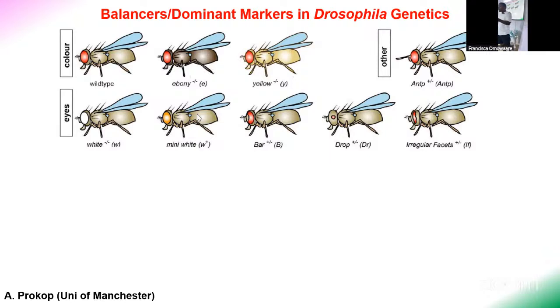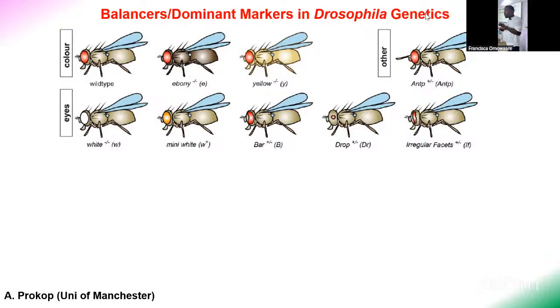But the markers are not necessarily balancers. The markers allow you to track your insertion, to track the chromosome. For example, irregular facet is not a balancer, it's actually a marker. Okay. So when we are playing with Drosophila crossing schemes, in animals that have got irregular facet, we always try and make sure that they're male.